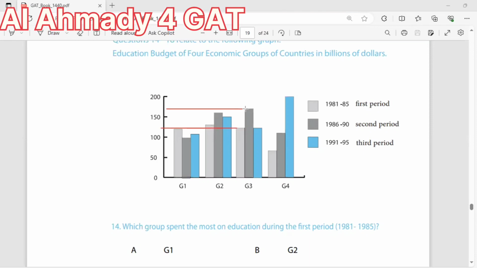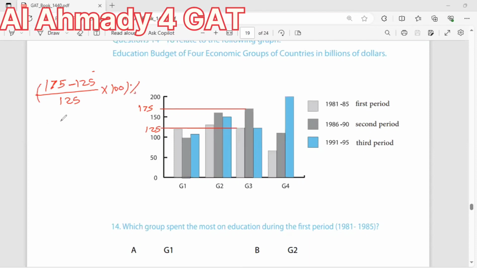And in the second period, group 3 is about 175. So to find the percentage of increase, you have to find the difference between 175 and 125 over the original amount, 125, multiplied by 100.